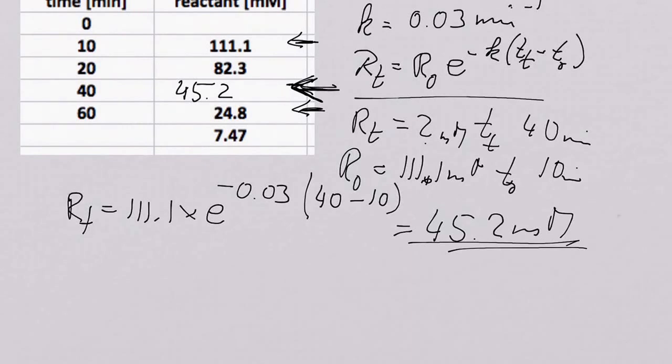One question that's not in there, and the T you can do yourself then, sort of a little bit of homework. We have, I told you, or we just calculated, K equals 0.03 minutes to the minus 1. What is the half-life of this reaction? I told you very often, especially when we look at radioactive decay, we don't use the rate constant, we very often use the half-life of something.